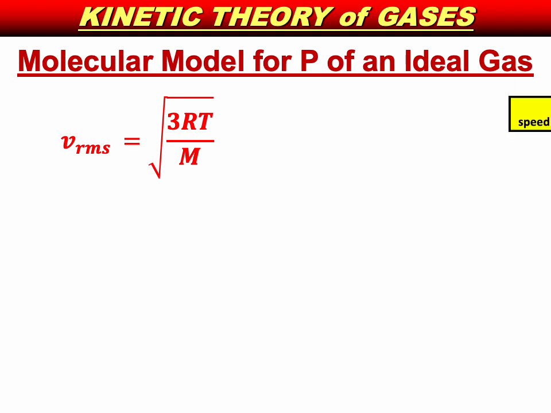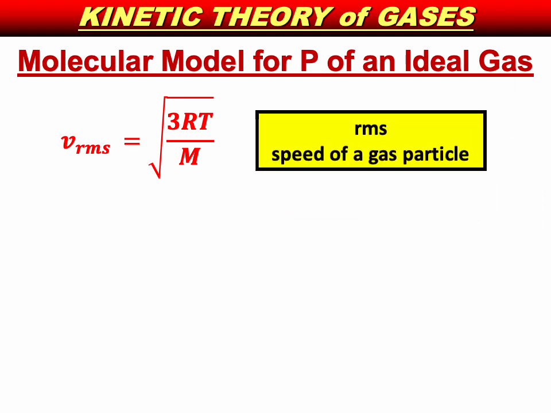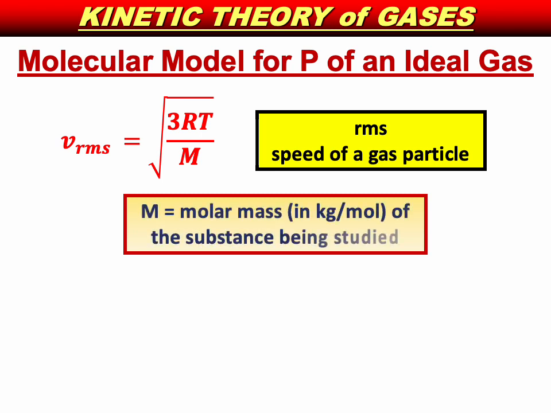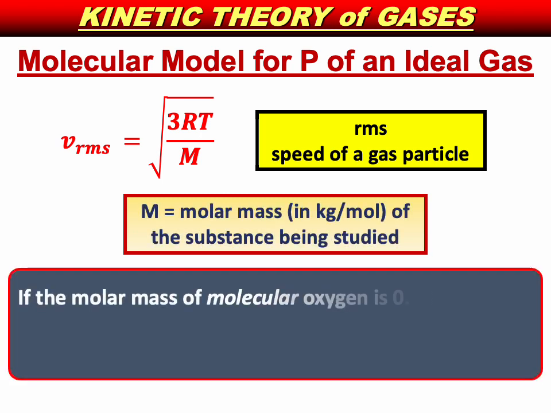Velocity of a gas particle. This is what's referred to as a root mean squared value. I'm not going to get into exactly what that means. It's a very typical way to find an average. So big M, molar mass, easily looked up on a periodic table or the interwebs.